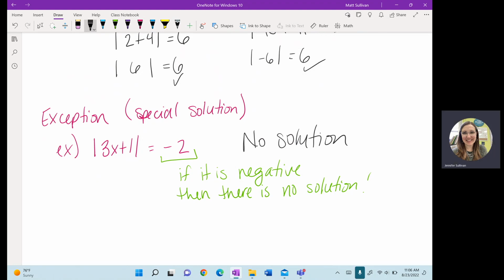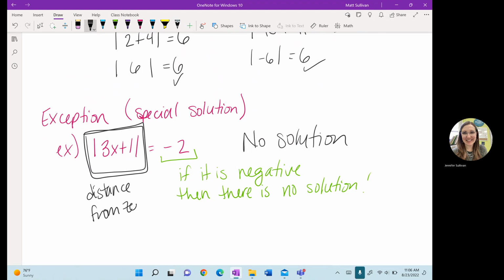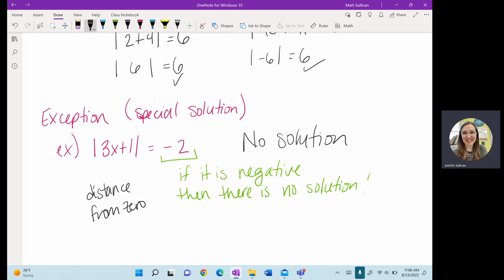Well, remember, absolute value is a distance from 0. So we can't have things that are distances from 0 equal to negative numbers. So we don't want negatives on the other side of the equal sign, opposite of the absolute value.